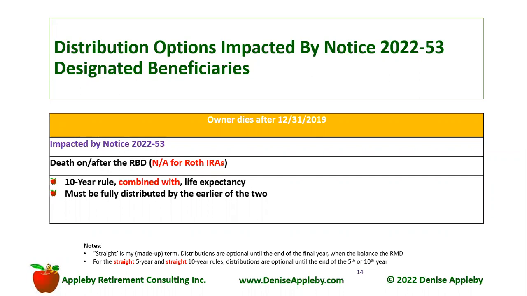Now, what I usually say when someone asks me, should I name a trust as a beneficiary? Well, you want to have a conversation with your estate planning attorney, but you also want to have the attorney understand the limitations, because here's a lot of what I see happening. A trust is named as a beneficiary, and when you look at the terms of the trust, there are no restrictions whatsoever.